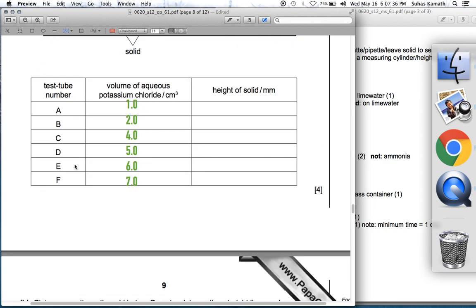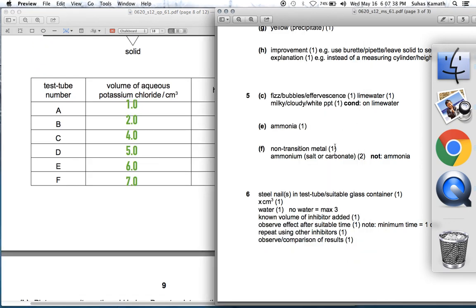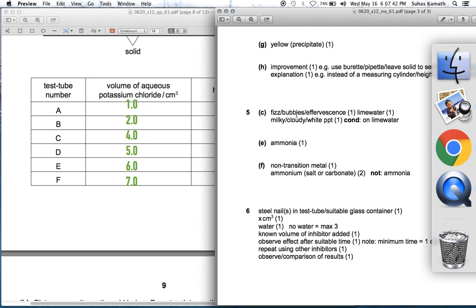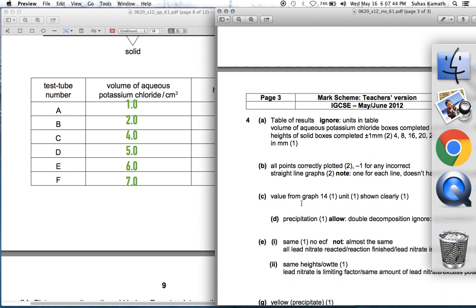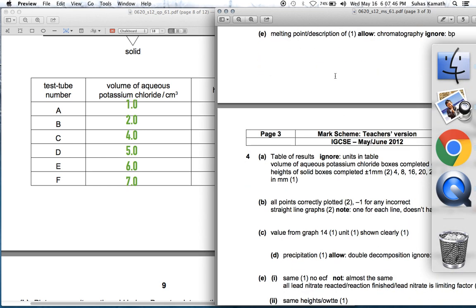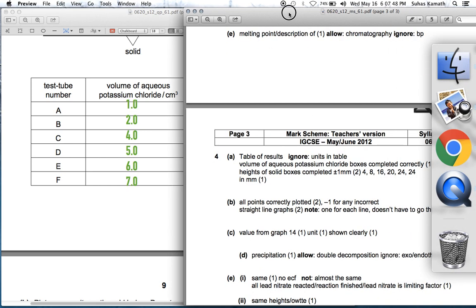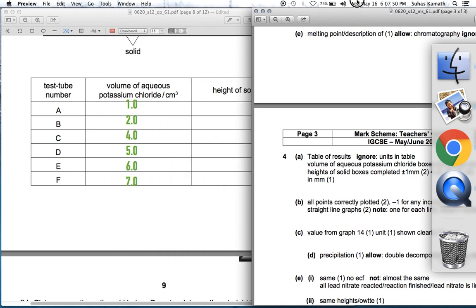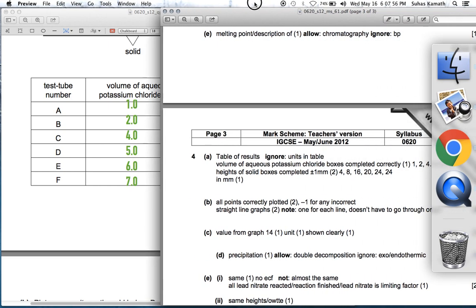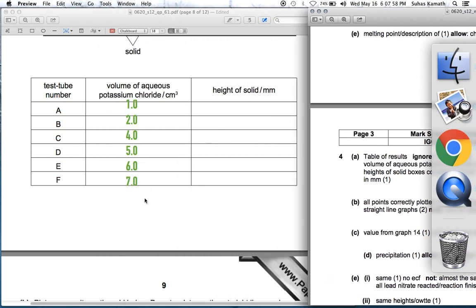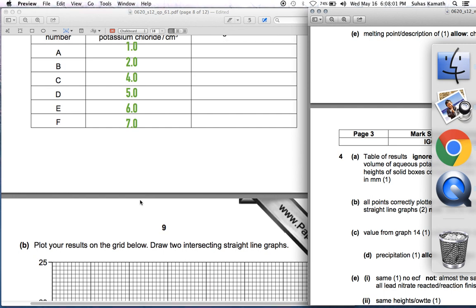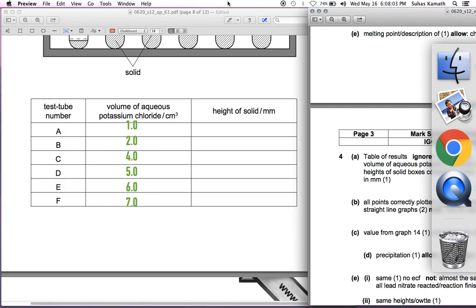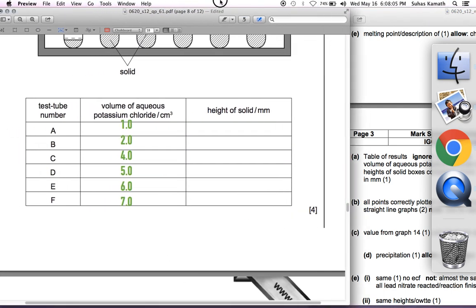7 marks. And then the one, so 1, 2, 4, 5, 6, 7. So let's say I got this correct. Because I didn't do it, I can't measure it from my computer. So I got 4 marks.